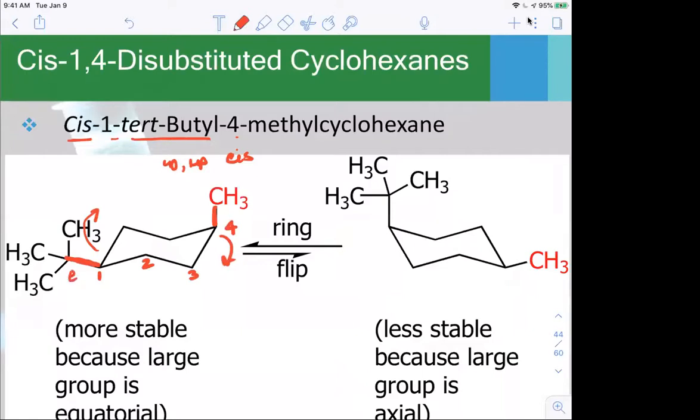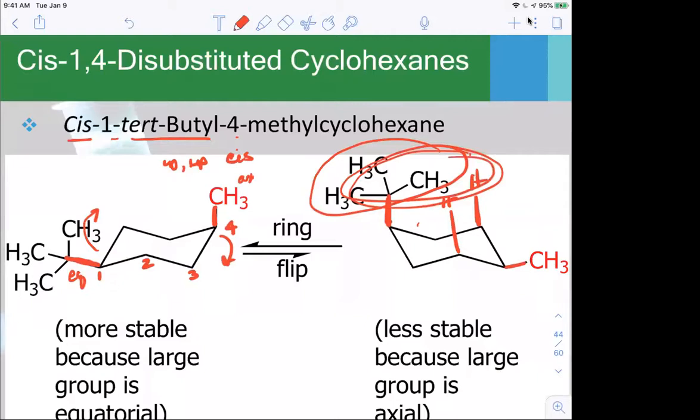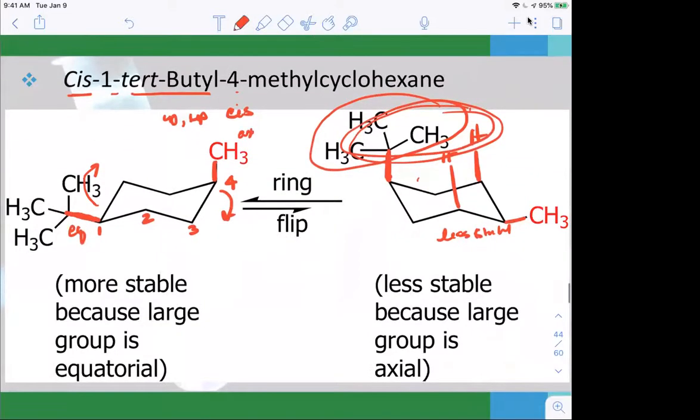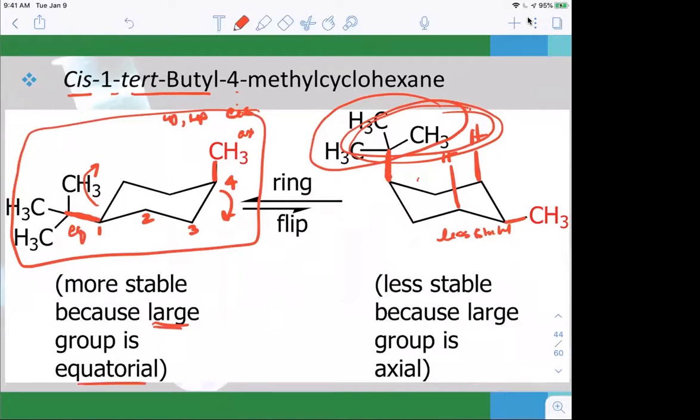My equatorial tert-butyl now becomes axial, and my axial methyl becomes equatorial. So now I have this huge group up here, and these diaxial interactions are huge. So this is less stable because the larger group is axial. This is much more stable because the large group is equatorial.